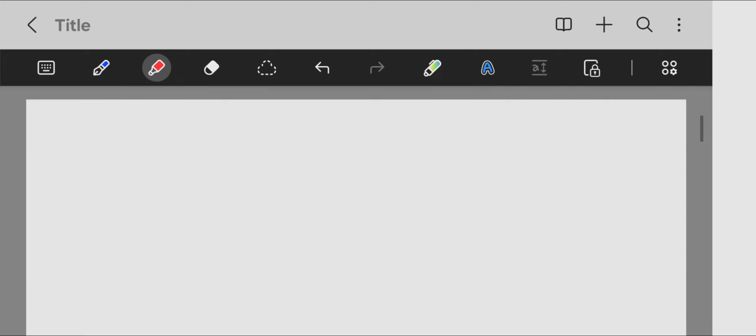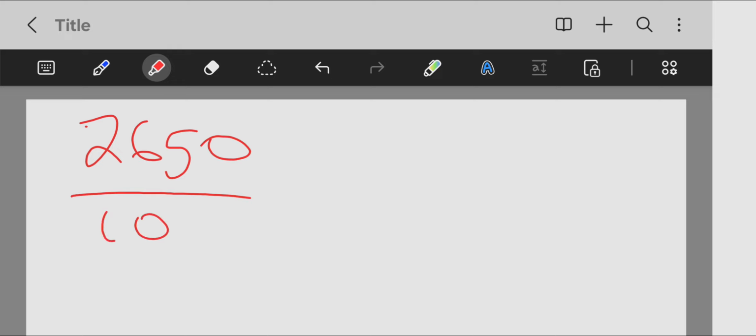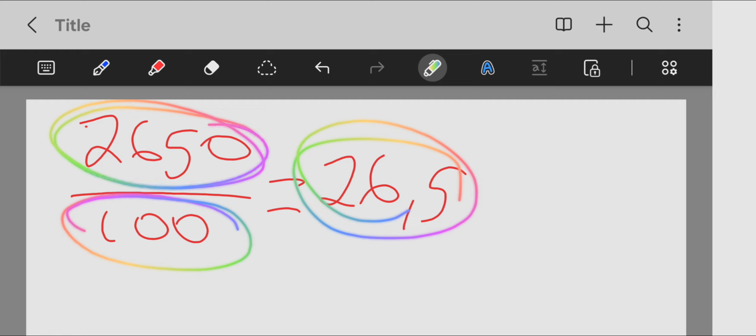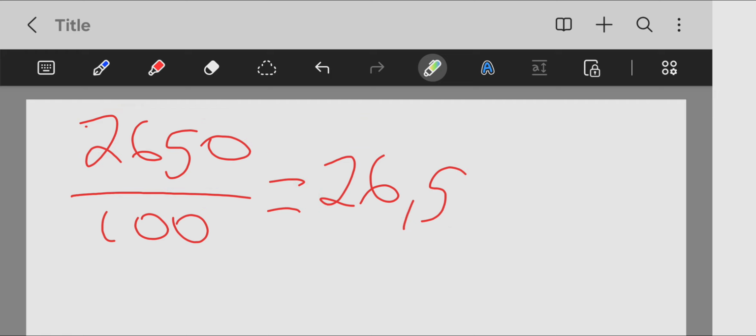Now, this is what we're going to do. What is the ratio of that proportion? 2650 divide by 100, because we want to know that. Now we are going to get our 26.5. This 26.5 is the proportion of the 100 inside a whole of the proportions combined together.